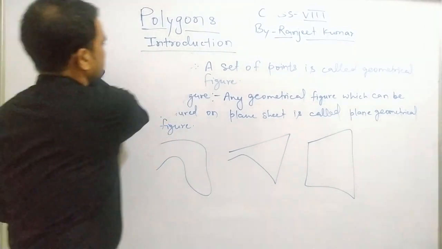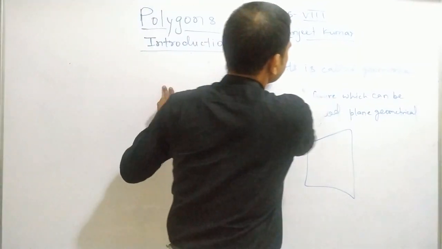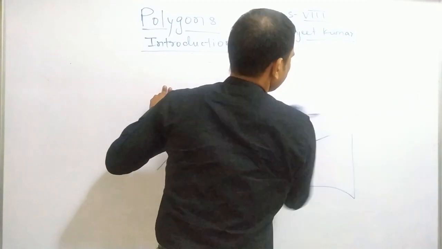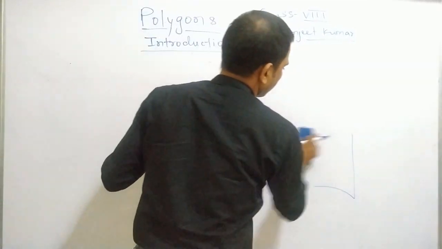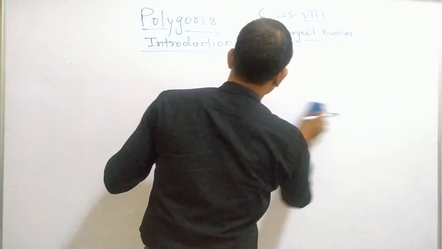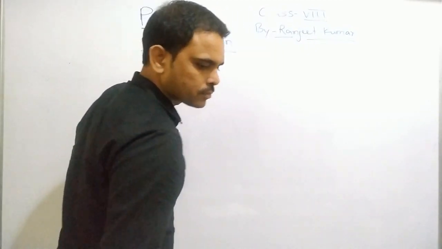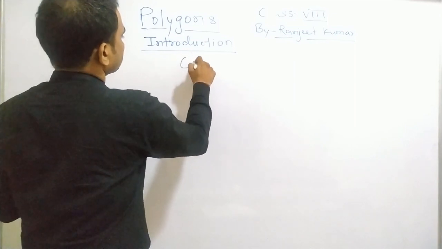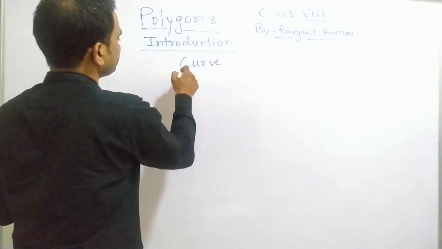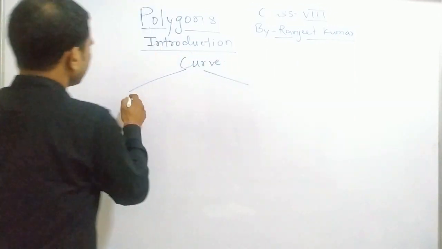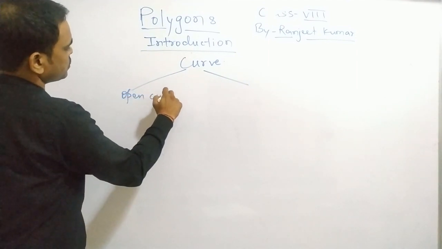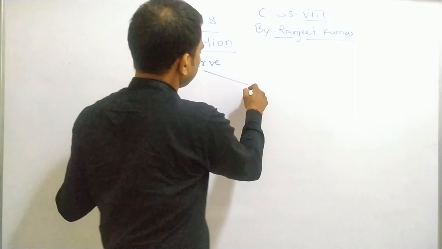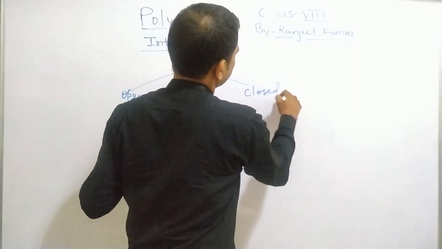Now we will classify curves into two parts: closed curve and open curve. One I am saying is an open curve, and another one is a closed curve.